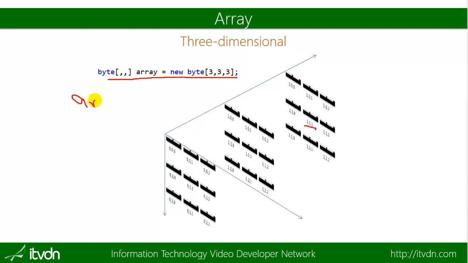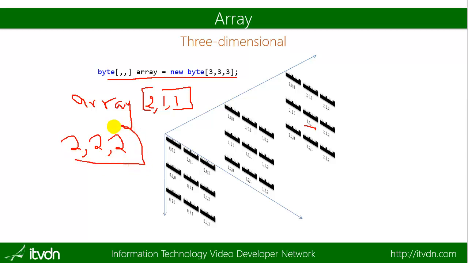So we write array, 2.1.1. This is what we are looking for. What if we had, let's say, 2.2.2? How do we look for this book? Or let's say, how do we look for this very section?